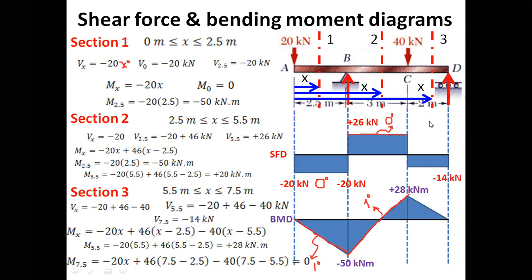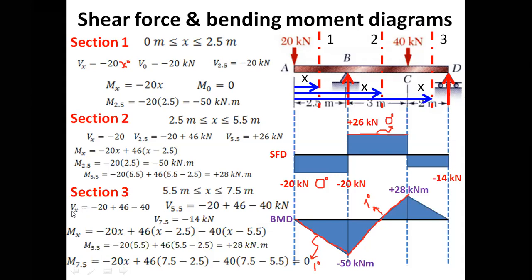And again, we have to write down the shear force equation and bending moment equation. So first, let's write down the shear force equation, and we are taking the left hand side of the section. Summation of all of the forces on the left hand side is the shear force.